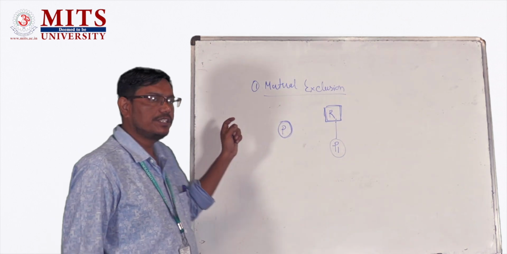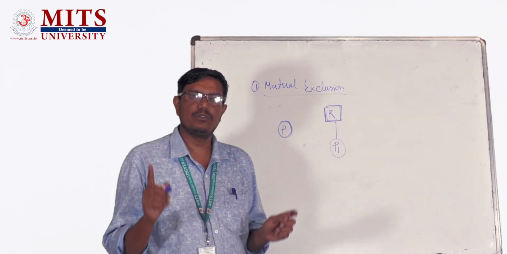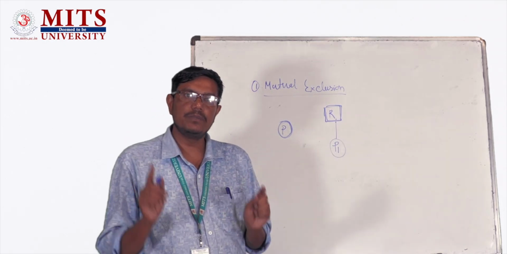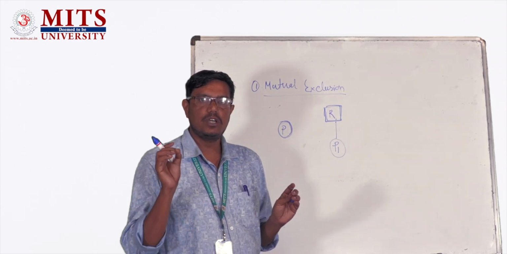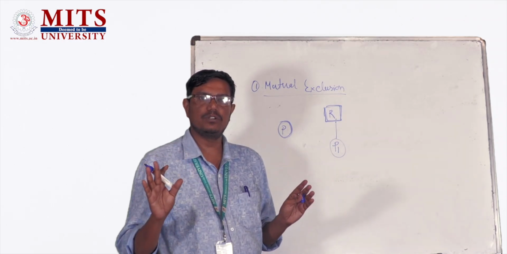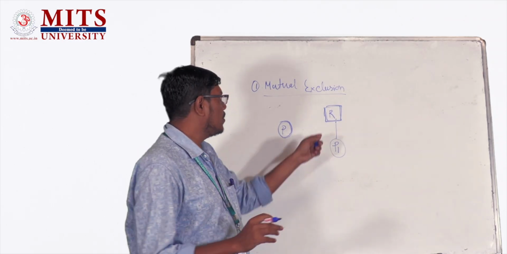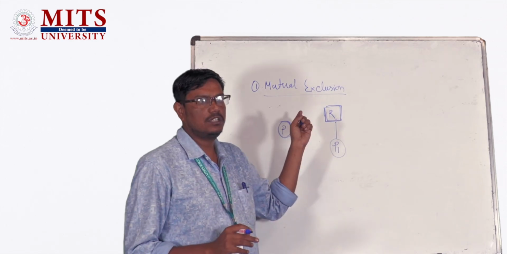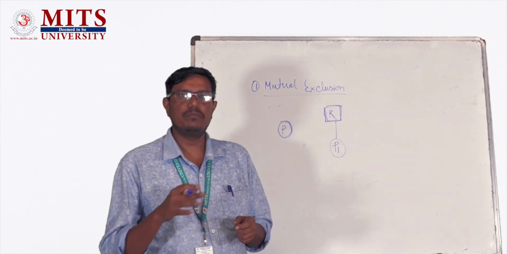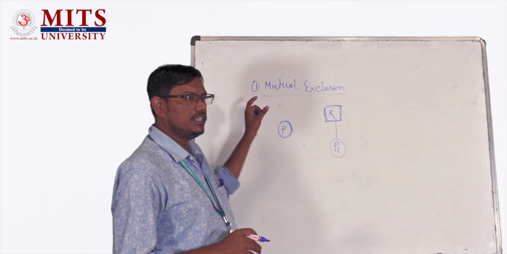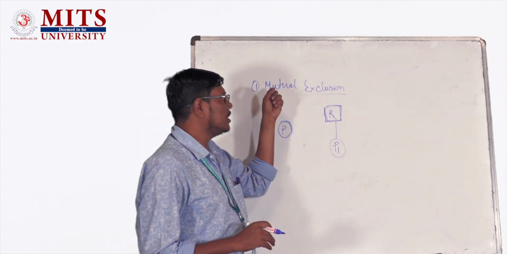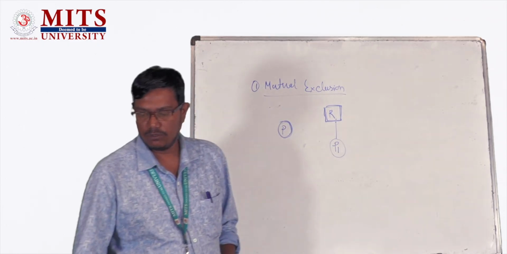So if a system has a resource with one instance, one piece of resource, this type of resource is not shared by any other process at a time. For this reason, deadlock may happen. This condition is called mutual exclusion.